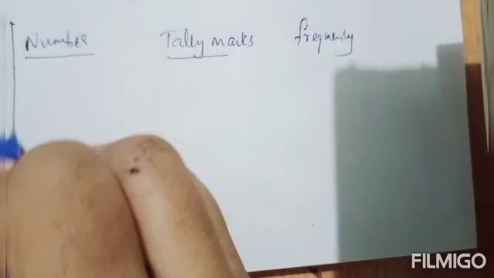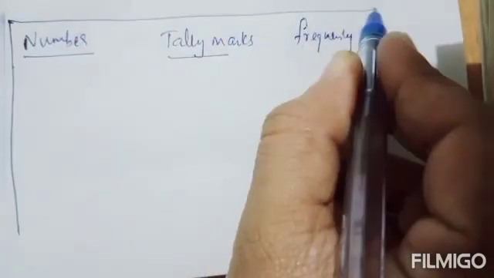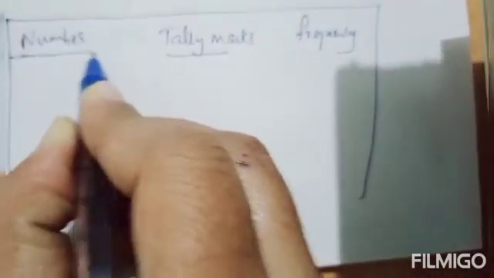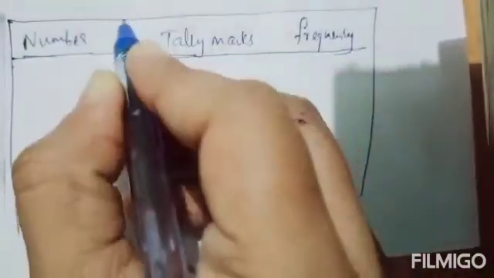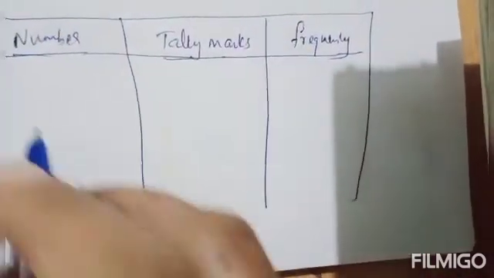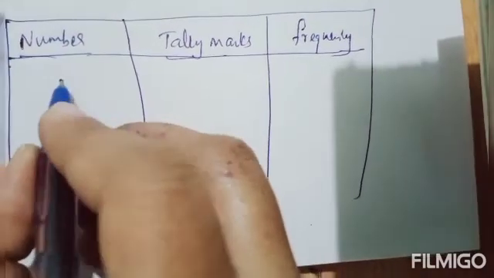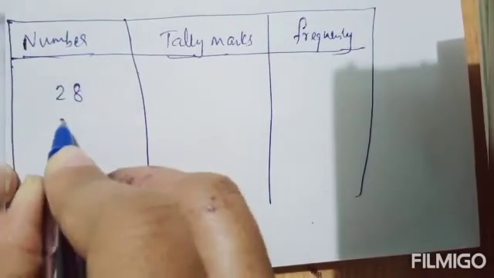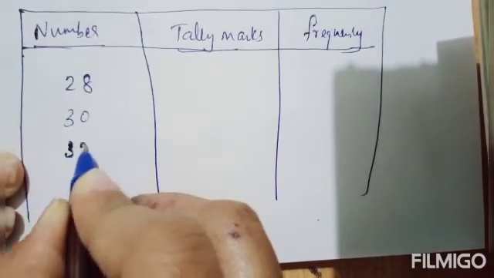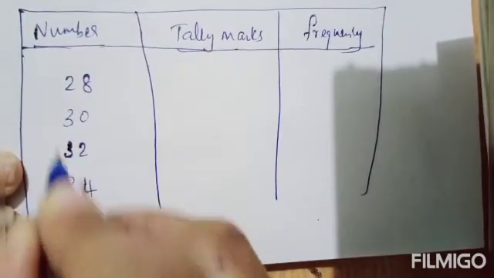You can construct one table. Now, which numbers are given there? First you can write 28, 30, 32, 34.